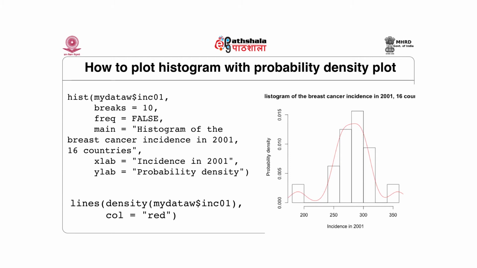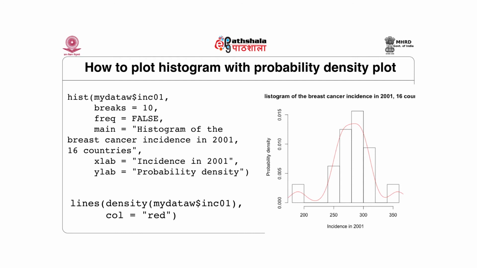In this case, you can actually take a variable directly from the data set and put it in. For example, we just wanted to plot a histogram for a continuously distributed variable, which is INCO1, which stood for incidence rate for the year 2001. This was a continuous variable directly referenced from the data set, and we decided to draw a histogram out of that.